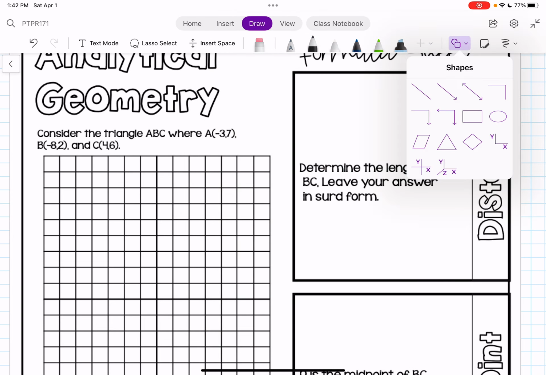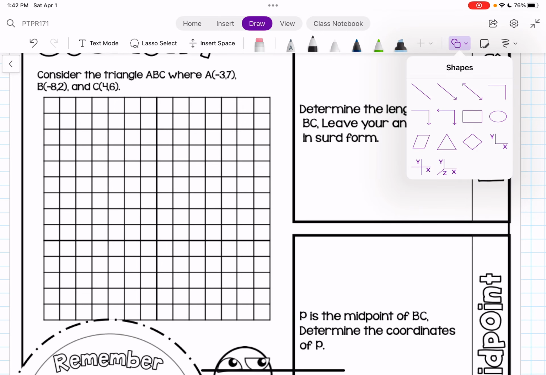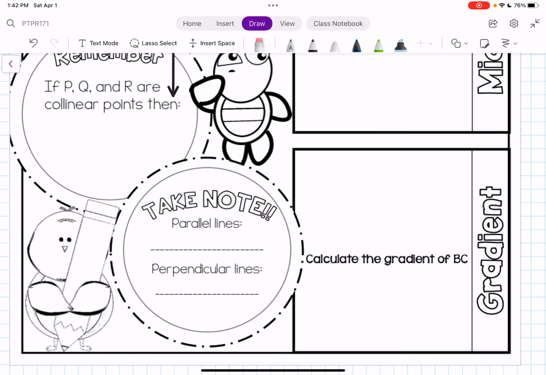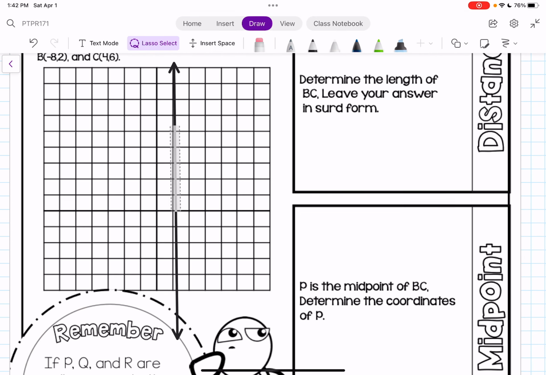to how we plot these points on the Cartesian plane. So first we need to have our x and y axes. You're going to use a ruler, draw those in.